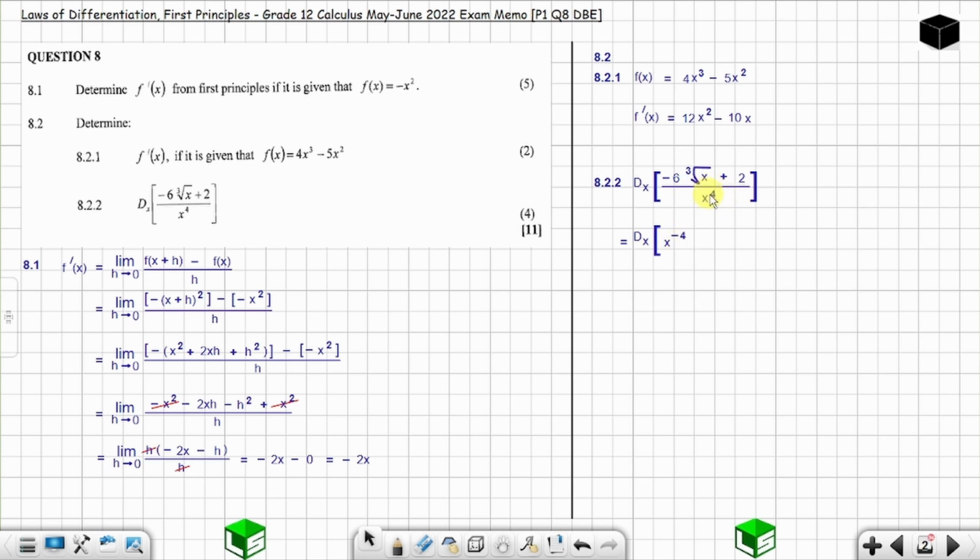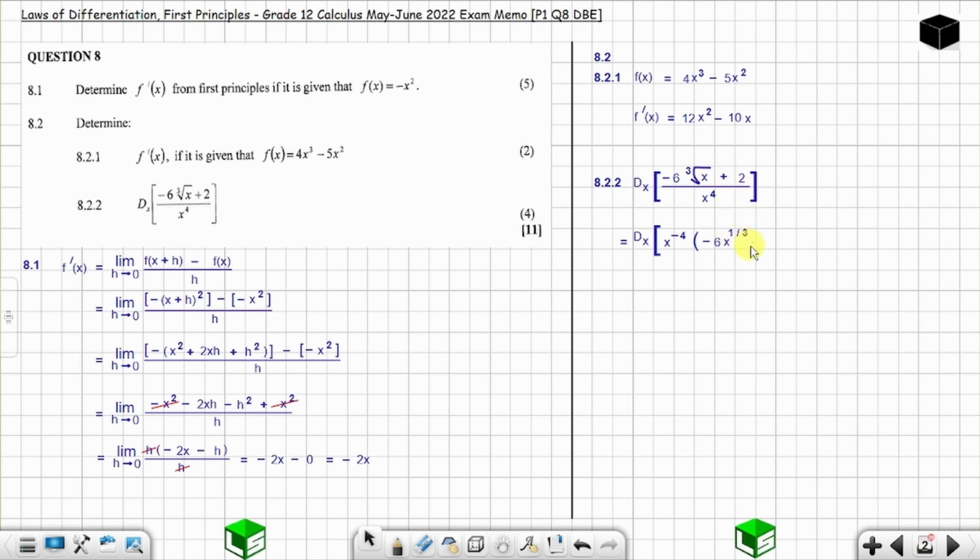This is going to multiply every term that you have there above this line. So you are going to multiply by this. I'm going to put everything in the bracket. So I have negative 6 x to the power of 1 over 3. When I get rid of this, I'm going to have x to the power of 1 over 3. This is my exponent, 1 over 3.